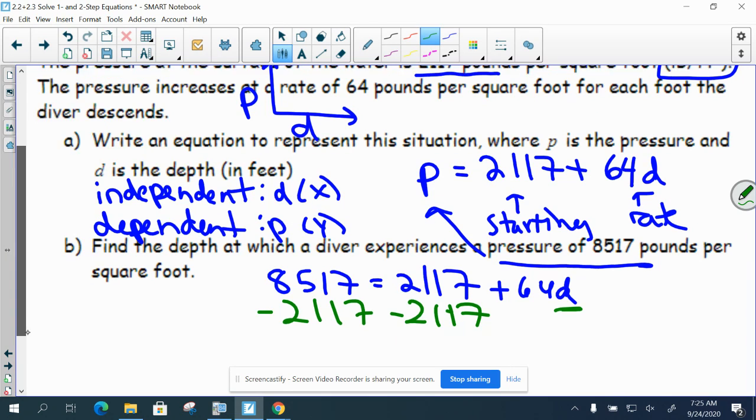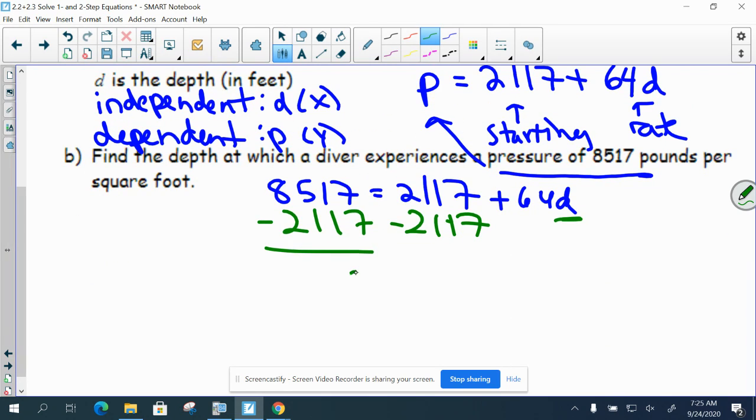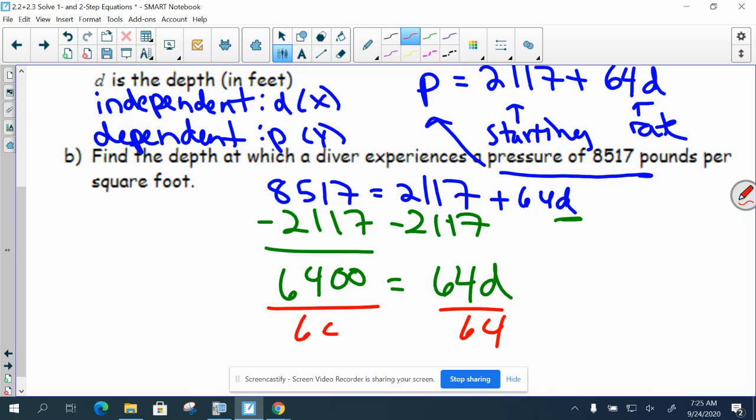So they both have 17, so that goes to 0, and you get 6,400 equals 64D. And then if you divide both sides by 64, what's 6,400 divided by 64? It's 100. And then we always want labels. The depth is in feet, so 100 feet.